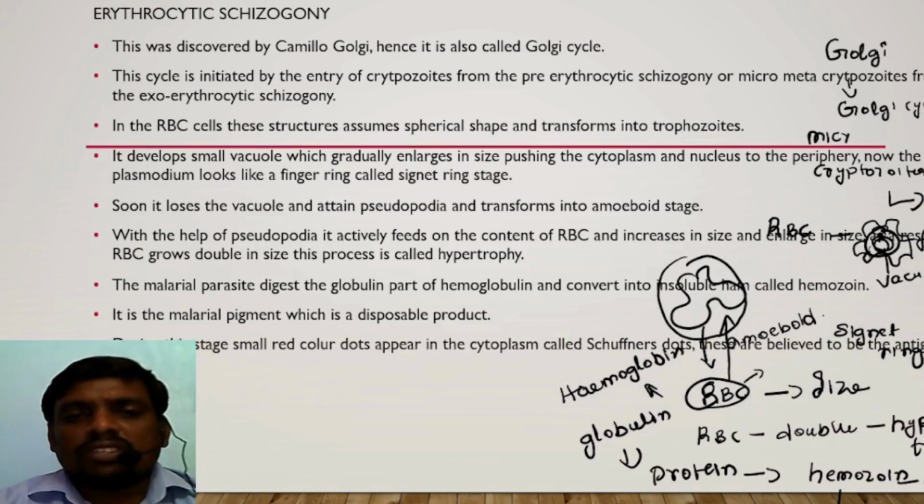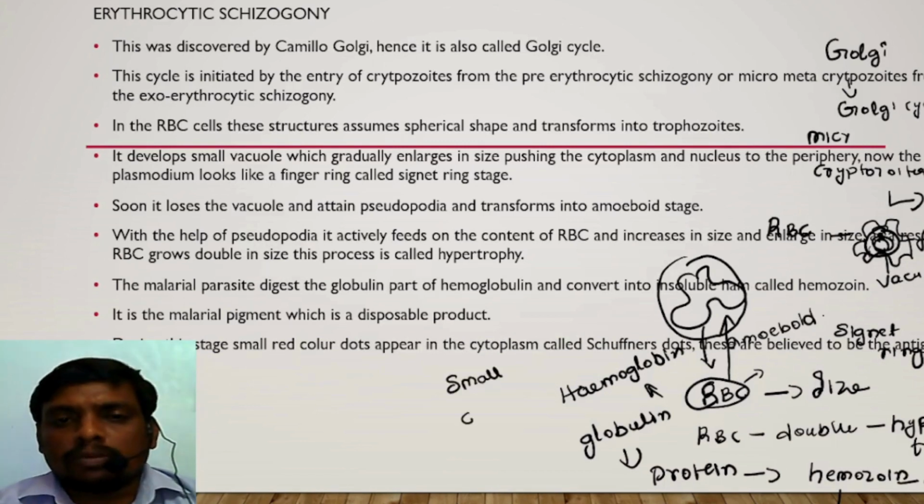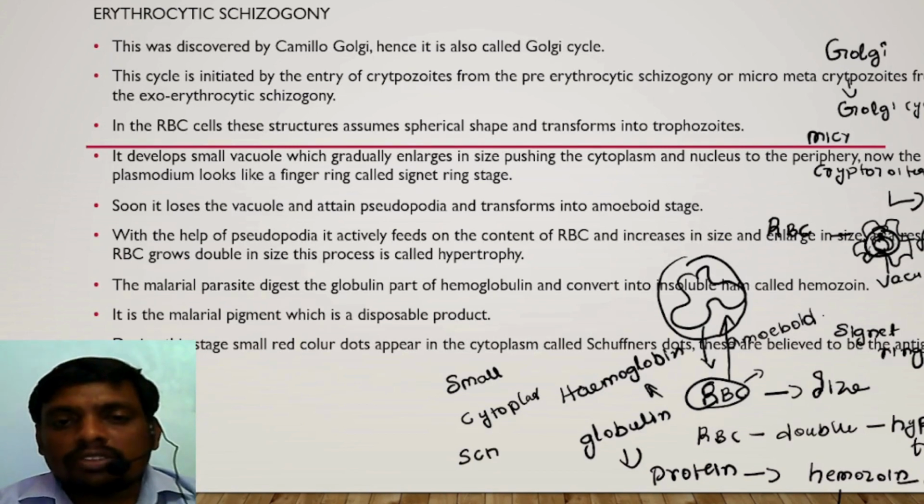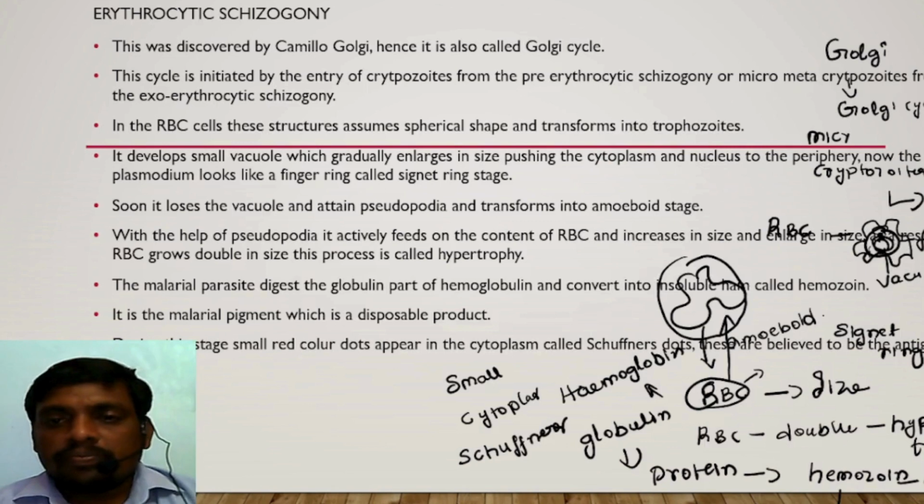During this stage, small red colored dots appear in the cytoplasm. The cytoplasm which contains red colored dots is called Schuffner's dots. These are believed to be the antigens of RBC.